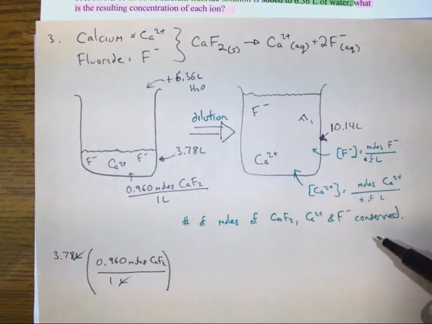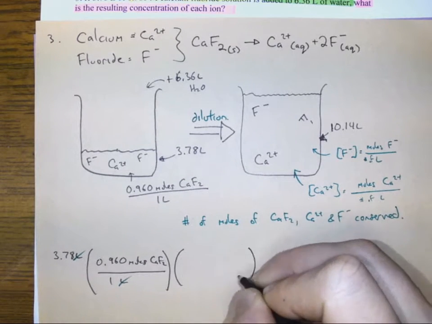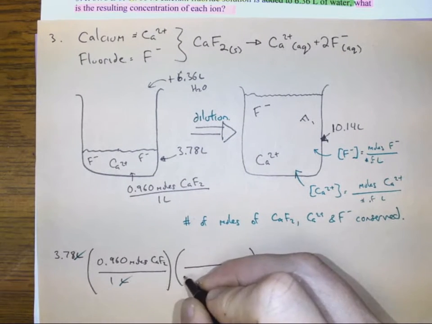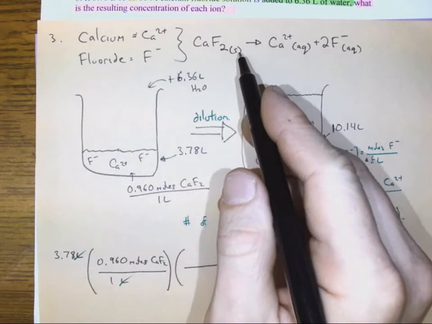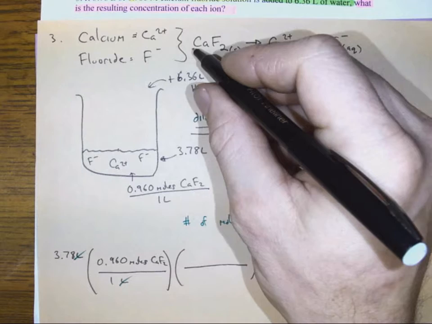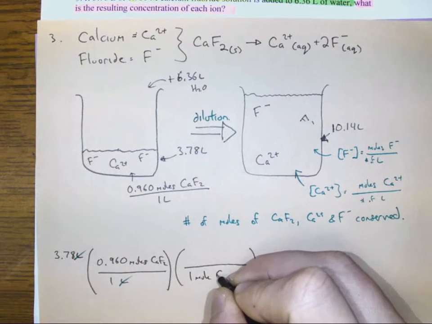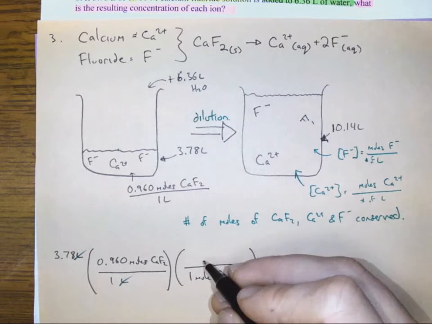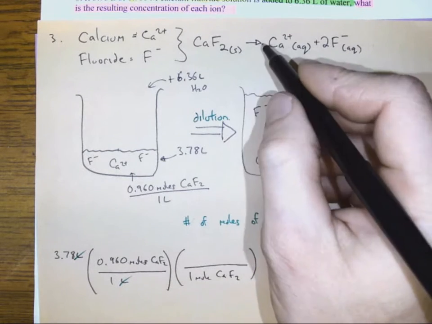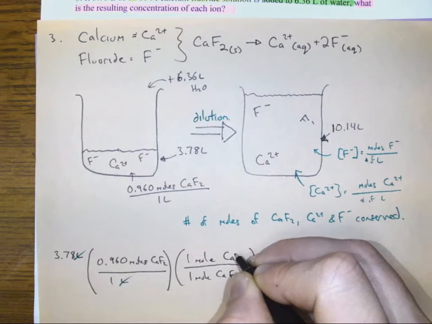But I didn't quite want moles of calcium fluoride. I want moles of calcium. So I'm going to say, okay, well, if I look in my dissociation reaction, I can see that I have 1 mole of calcium fluoride. That converts into, it's a 1-to-1 ratio. Every mole of calcium fluoride gives me 1 mole of calcium ions.